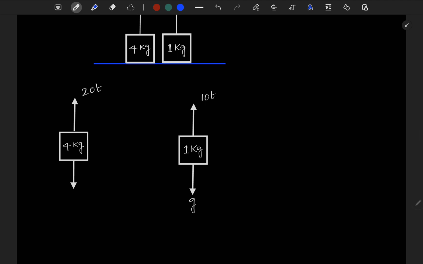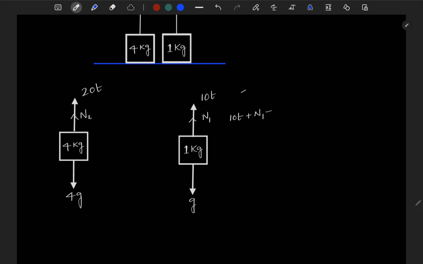And also there is a normal reaction here. So I can write the normal reaction as N1 here, and here the normal reaction is N2, given by the ground. And this is 4g. Now if you want the block to lose contact with the ground, then N1 has to be 0. So the net force on this 1 kg block is 10t plus N1 minus g, because g is acting downward, so we subtract it.